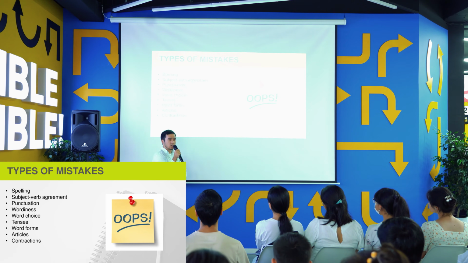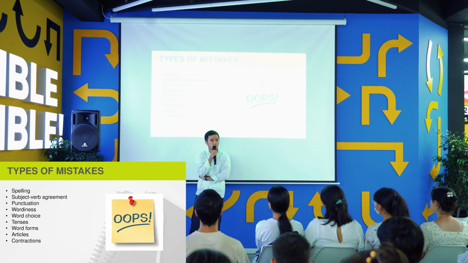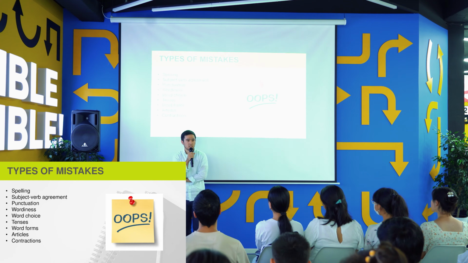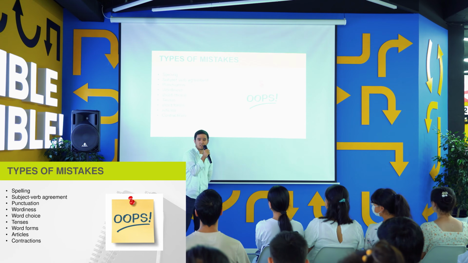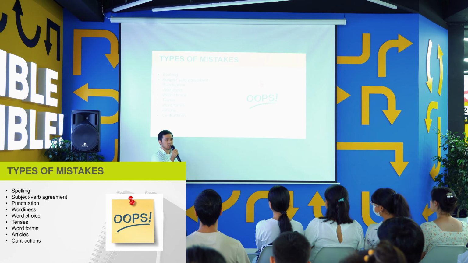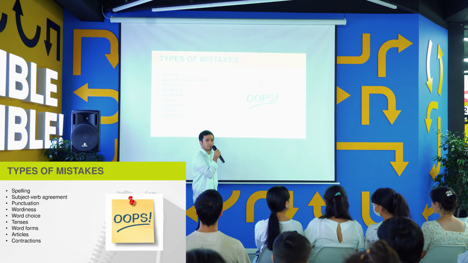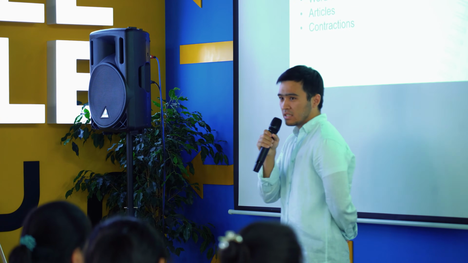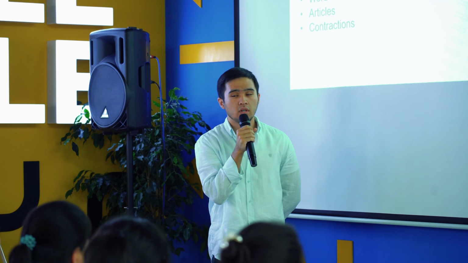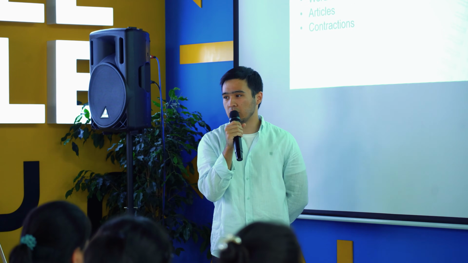The other one, which is more dangerous, is subject-verb agreement mistake. Who knows that type of mistake? Subject-verb agreement. Anybody? When your subject doesn't agree with your verb. Any examples? No idea. All right. So that type of mistake is when you put a verb which cannot be completed by your subject.